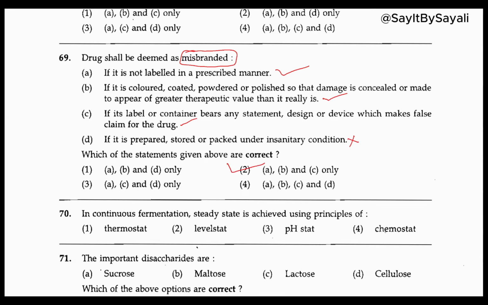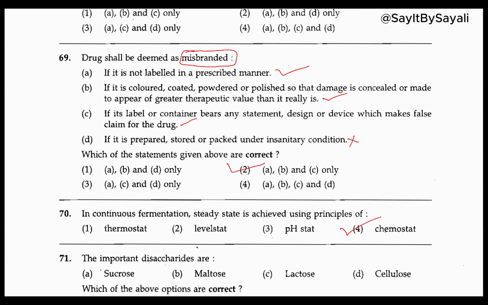Now, question number 70. In a continuous fermentation, steady state is achieved using the principle of 1. Thermostat, 2. Level stat, 3. pH stat, and 4. Chemostat. And the correct answer is 4. Chemostat. Why?